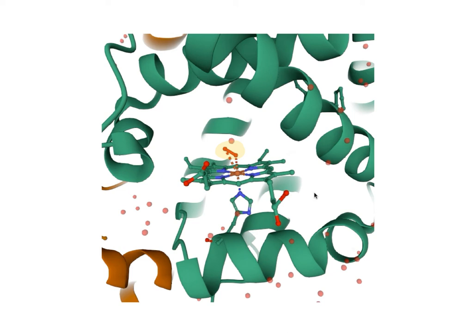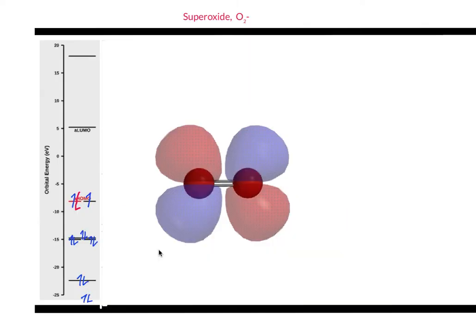If we examine the shapes of the molecular orbitals of dioxygen, the highest occupied molecular orbital has a pi star shape. Therefore, this fits with an orientation of oxygen donating electrons to iron in a bent fashion.